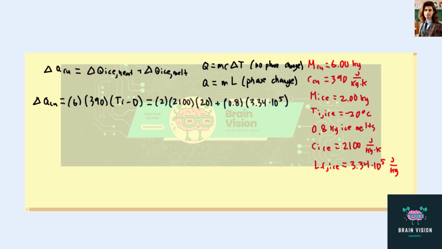And so if we solve that for our T initial, we'll get our T initial equal to 150 degrees Celsius, and that would be to 3 significant figures.